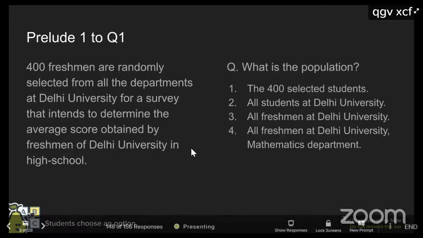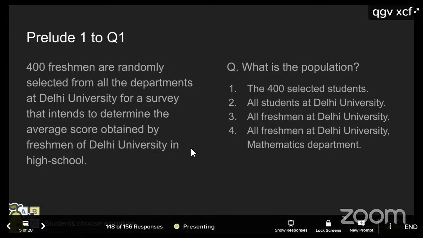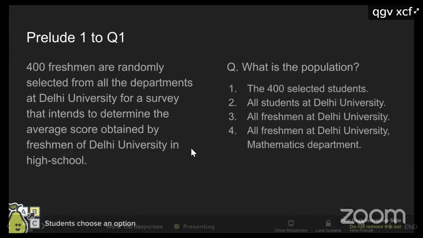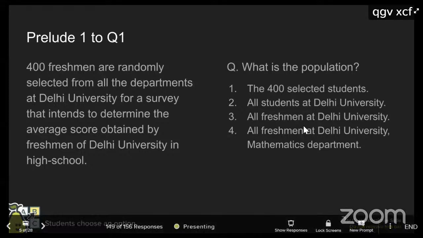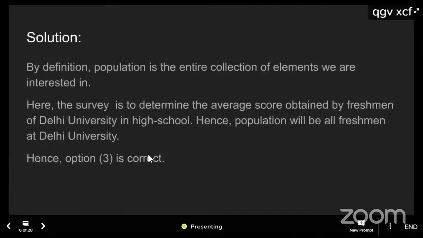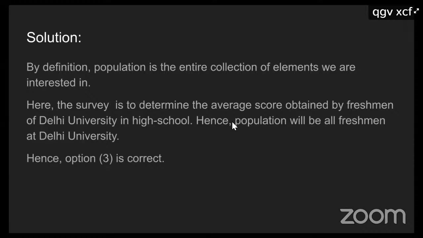Then you are selecting a sample of 400 freshmen. Then what can be the population? Population will be obvious, all freshmen at Delhi University. Right? Because you are doing the things on freshmen.